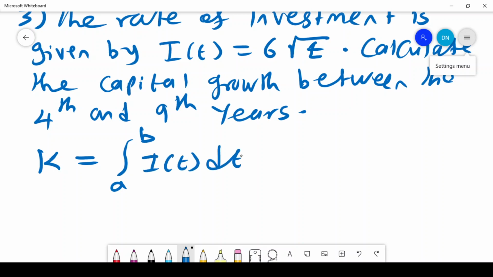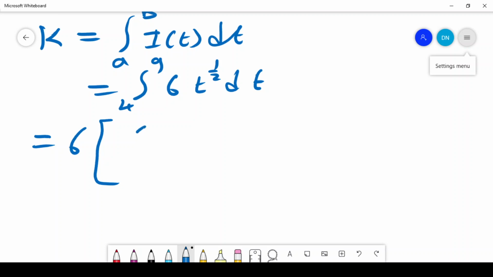And that is the formula that I would want to use. So I'll integrate between 4 and 9, 6 t raised to power a half dt. And we increase the power, that gives me 3 over 2. I'll divide by 3 over 2 there. And then I'll put the limits of integration.